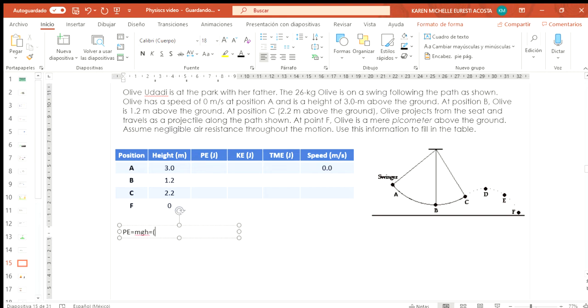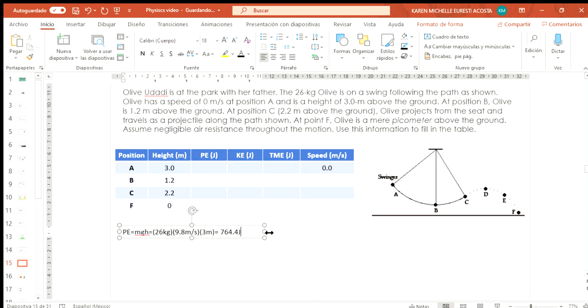This is 26 kilograms times 9.8 meters per second squared times 3 meters. We multiply that and we have as a result 764.4 joules.